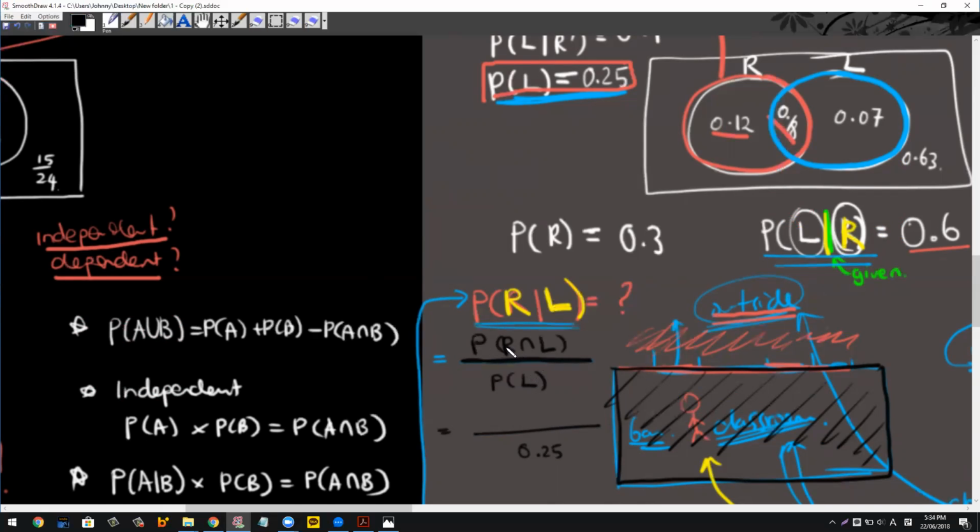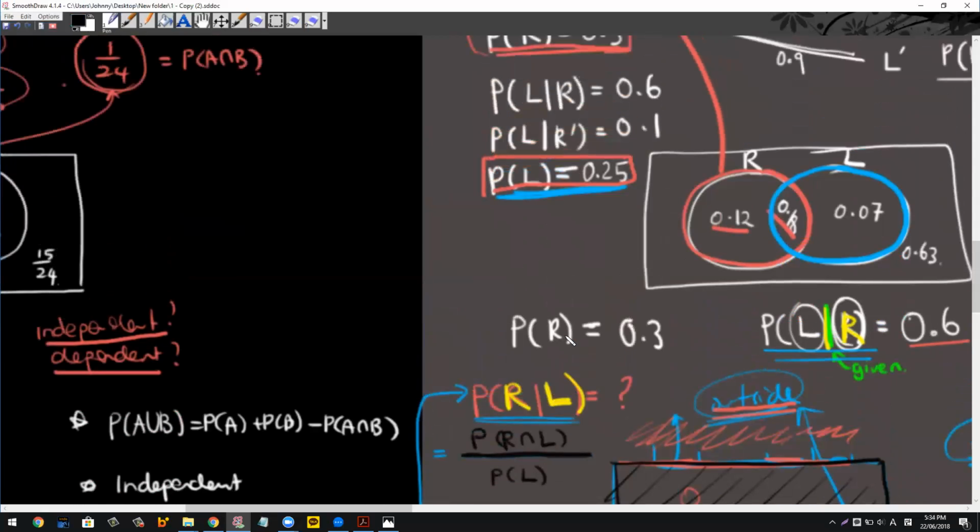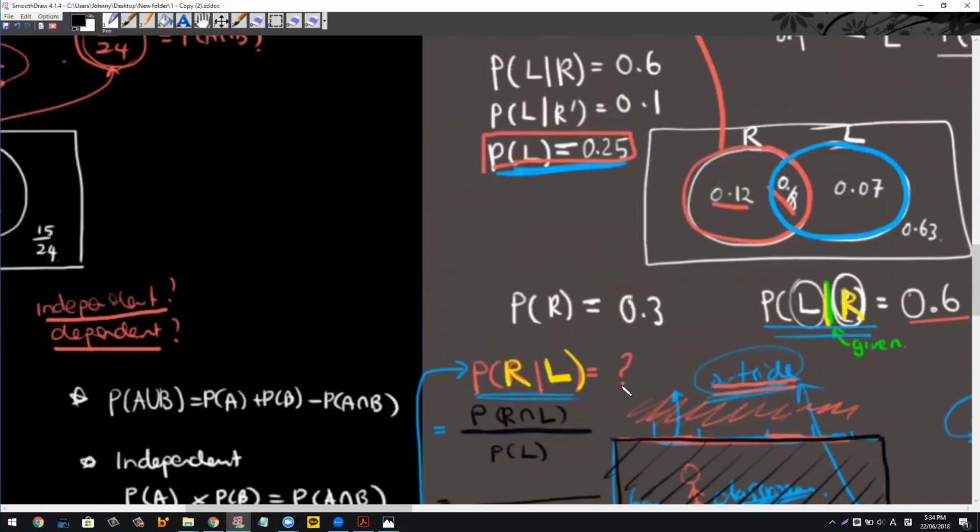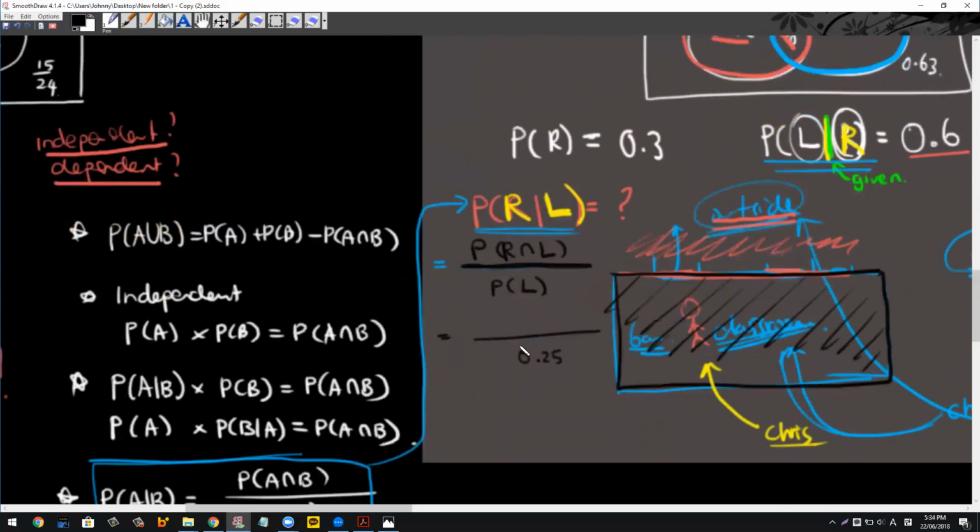Now what's the probability of R and L? Can you see that from this page here? Somewhere here. How much? Yep, that's right, 0.18.